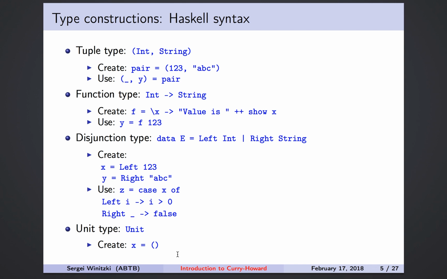So you can see all three languages have very similar type constructions, and this is why what I'm going to present right now applies to all of these languages. There's no difference at this level between these languages. They are the same. Once you understand one of them, you understand others.